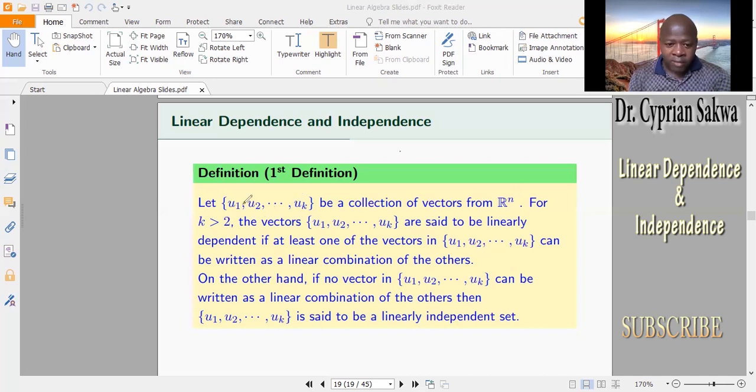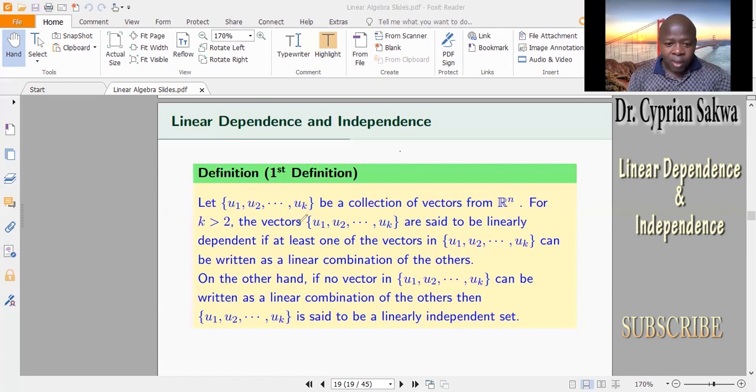We say that these vectors are linearly dependent if one of the vectors can be written as a linear combination of the other vectors. That is my first definition of linear dependence. We already looked at how to write a vector as a linear combination of other vectors in our previous video, so you're already aware of that.